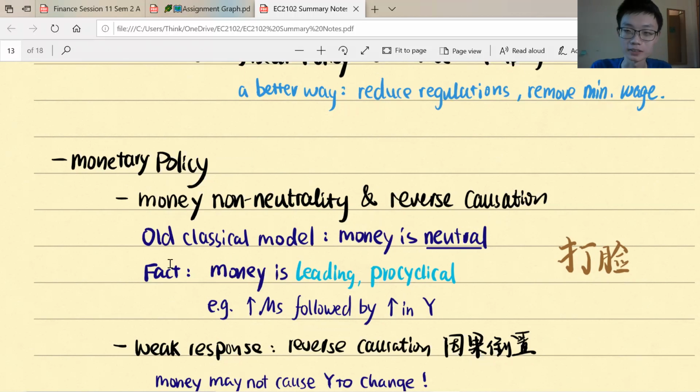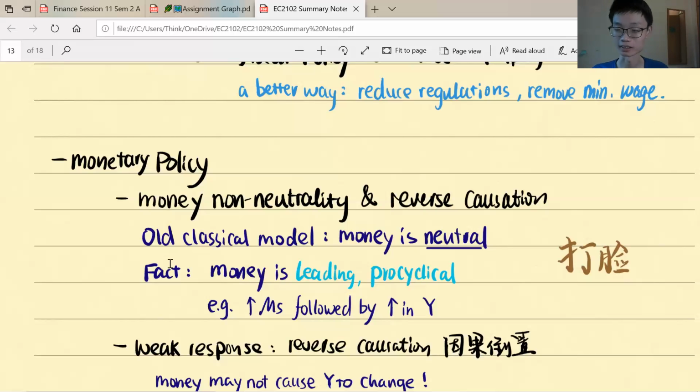But the fact is that money is a leading and pro-cyclical variable. Leading means timing. So when output decreases, the money supply will first decrease, then comes the decrease in output. So it's called leading.